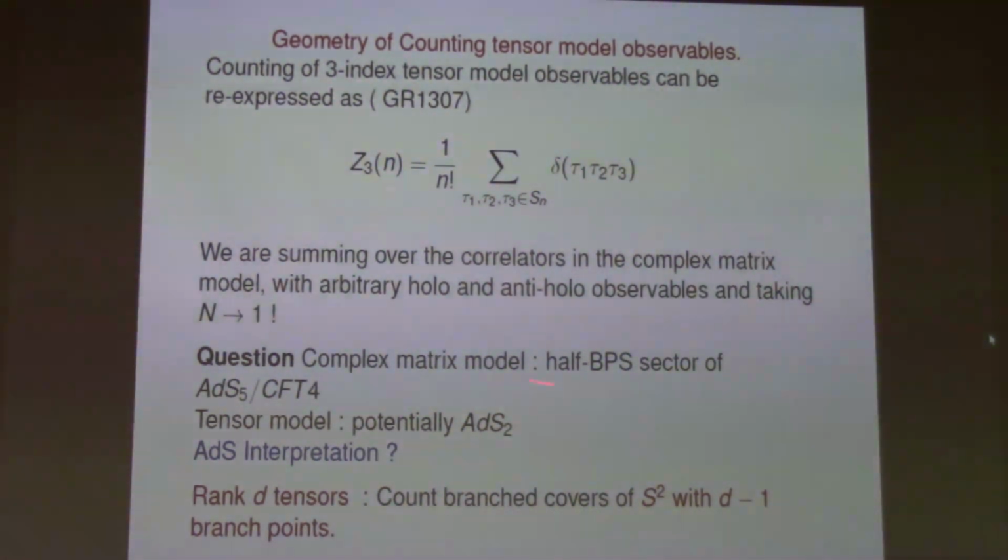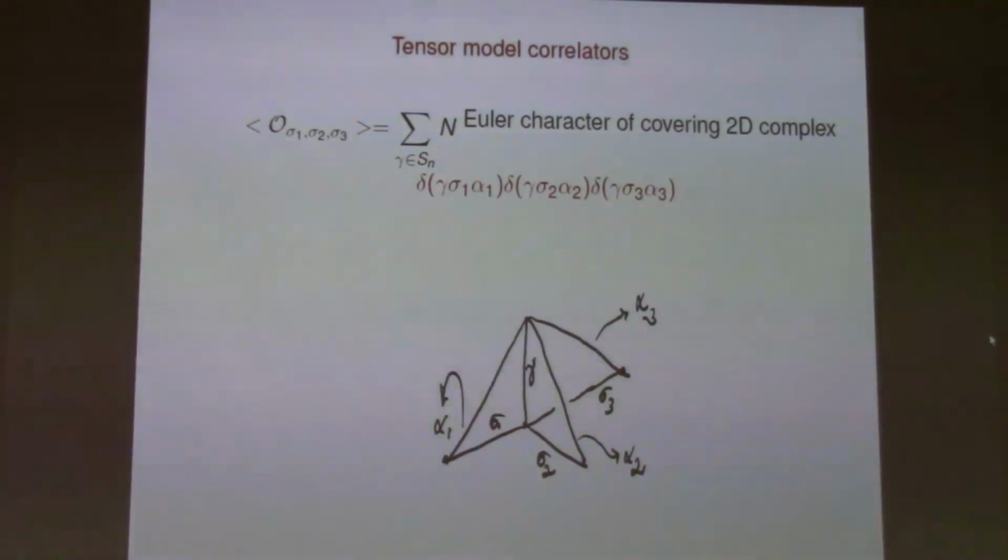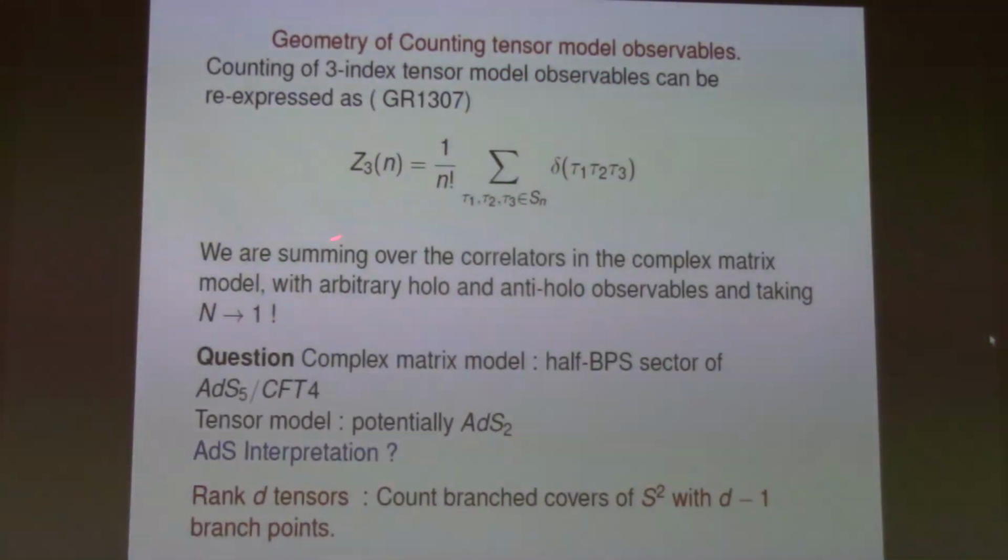The complex matrix model is related to the half-BPS sector of AdS5/CFT4, and the tensor model potentially related to AdS2. So what's the interpretation of this connection between the complex matrix model and the tensor model? And this kind of formula generalizes to rank D tensors as well.